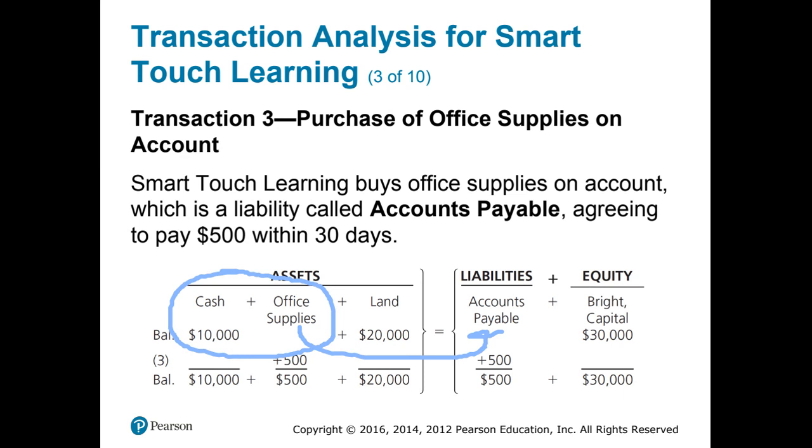Let's say we got confused and said, okay, we have office supplies and accounts payable, and we weren't looking at it based on the accounting equation. We were just writing it down. Our office supplies are 500 and our liability, accounts payable, is 500, and we ended up putting a negative 500 for accounts payable.